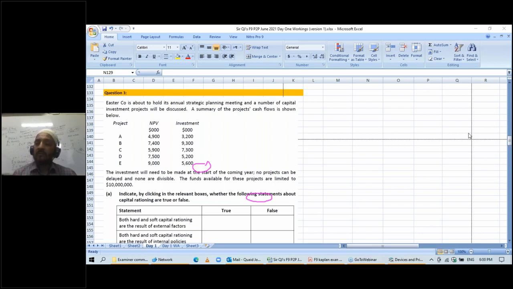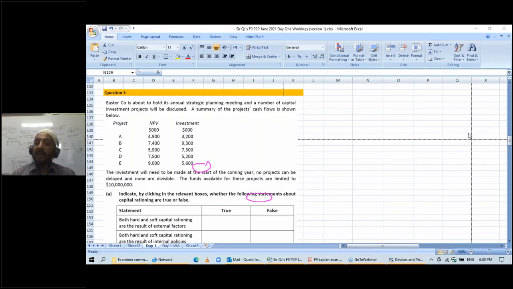And soft rationing means that the managers, the directors and the owners within the company do not intend to raise further funds from people outside the company. The shortage is internally generated. Like the company has made a capital expenditure budget and does not want to exceed it, and the management fears that if they start new projects, they may take more risk and may not be able to handle it.